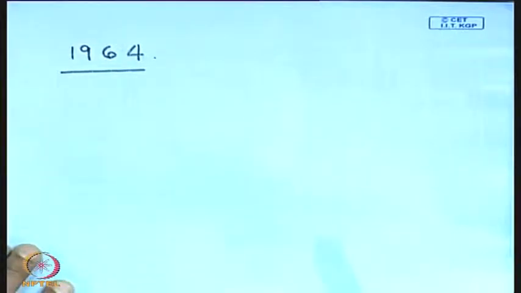At that time, in the 1960s, satellite communication through electromagnetic waves was being developed, and there were two radio astronomers, Arno Penzias and Robert Wilson, who were working at the AT&T Bell Laboratories in the USA, and they were using this radiometer.